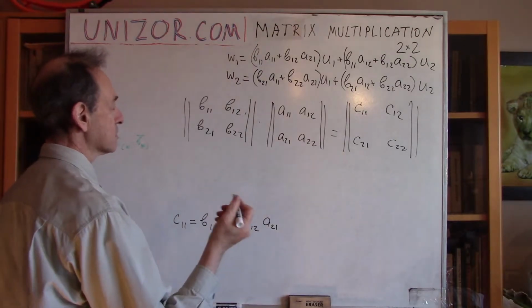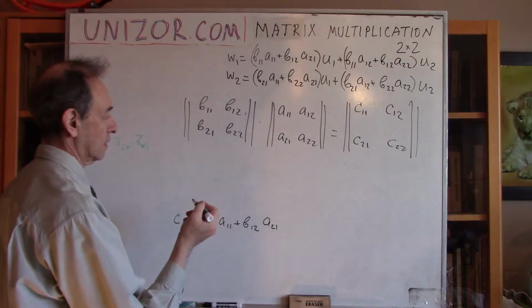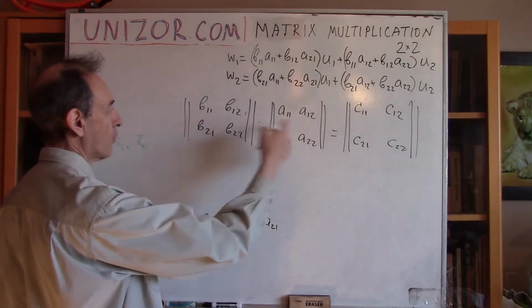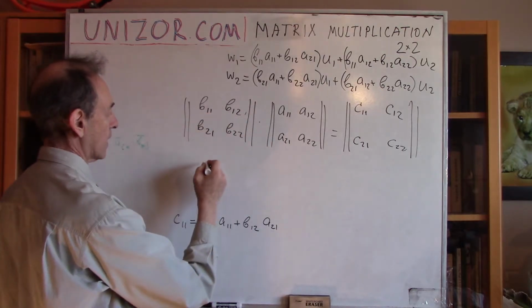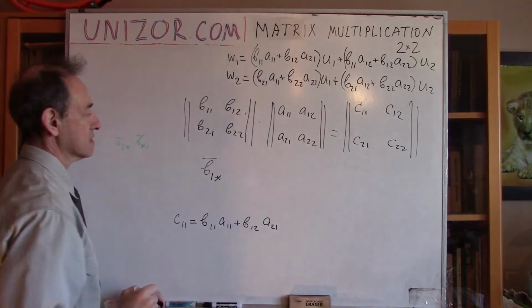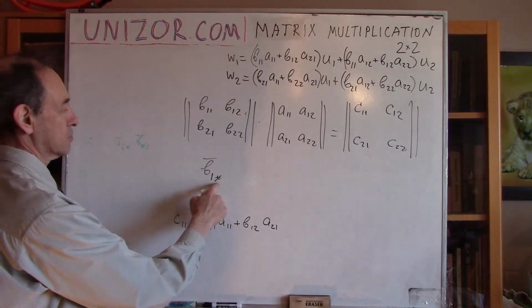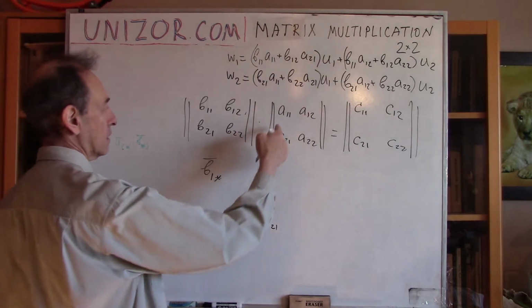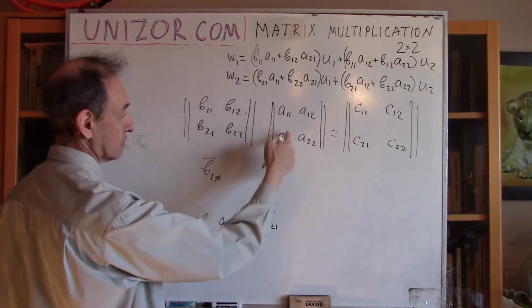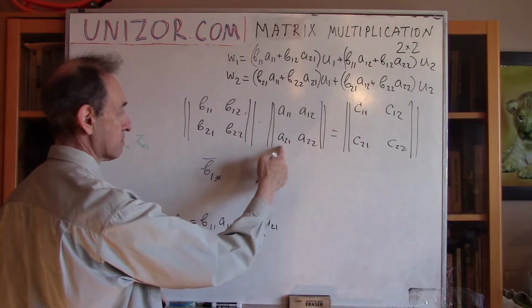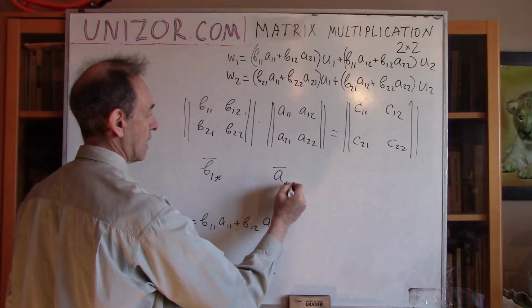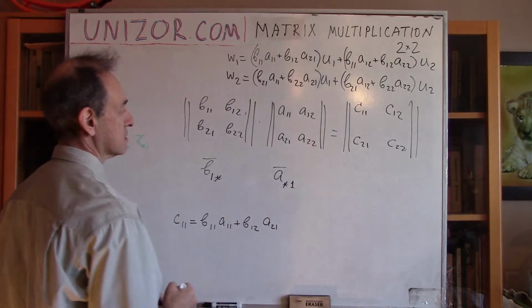Now, I will use the following notation for the row vector, let's say the first row vector of b: I will use b1 and then an asterisk, and this is a vector, which means b11, b12. And for the column vectors, where the column index is the same but the first one is changing, I will use this notation, star 1 in this case.